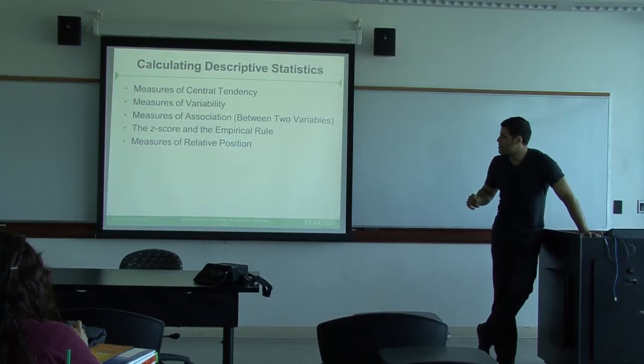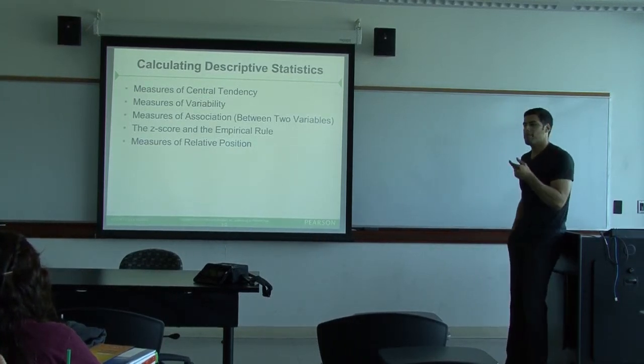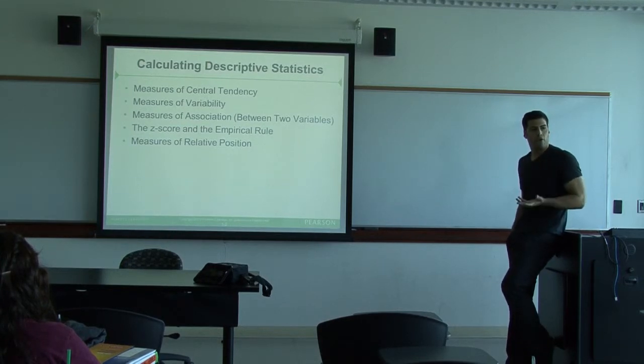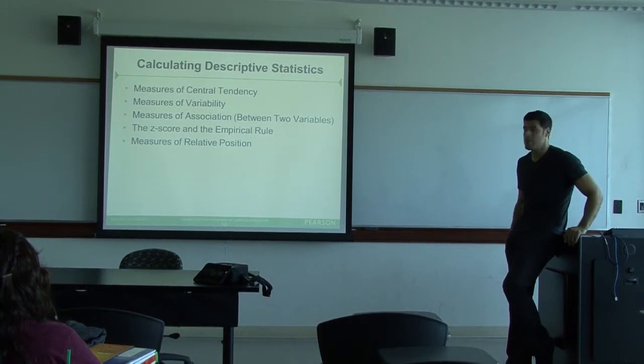Then we get into this thing called the z-score. Now, the z-score is a small little formula that is probably the most important formula in this whole course. It's a very simple formula, so you should be able to remember it, although on the exam you can bring a list of formulas, a cheat sheet, so you can write it down.